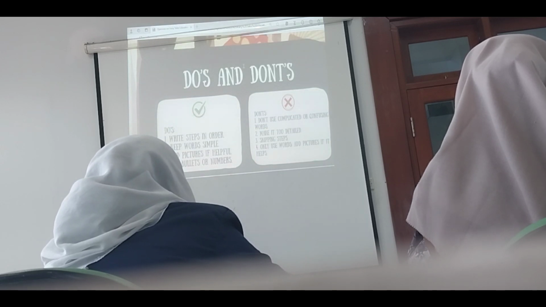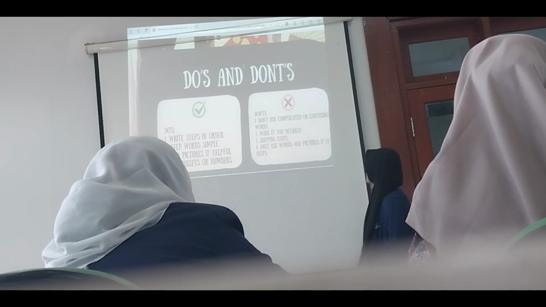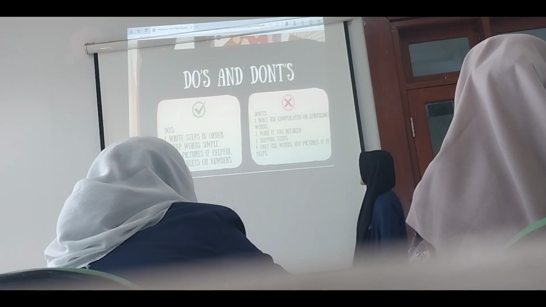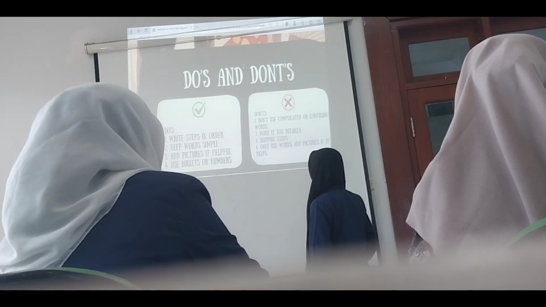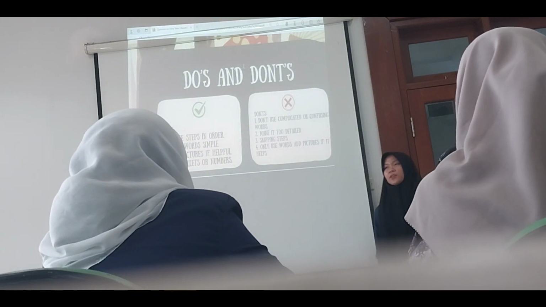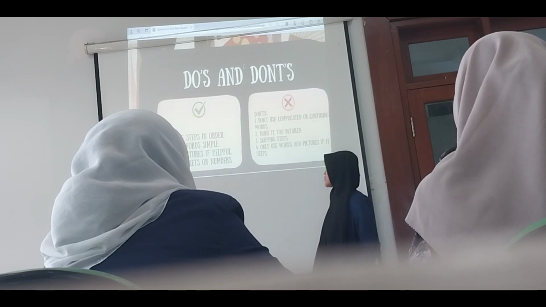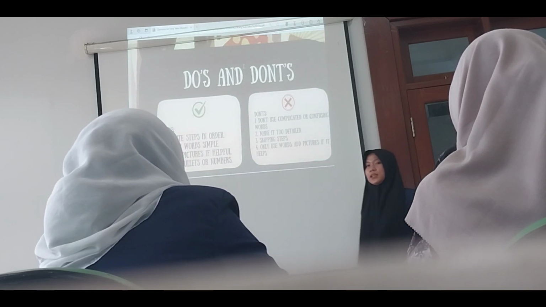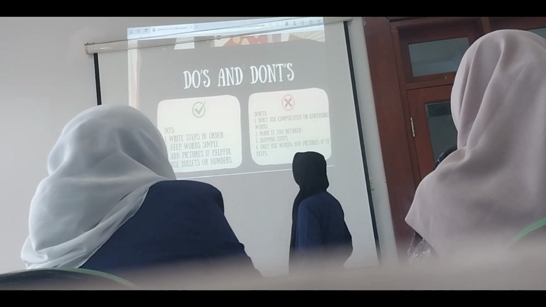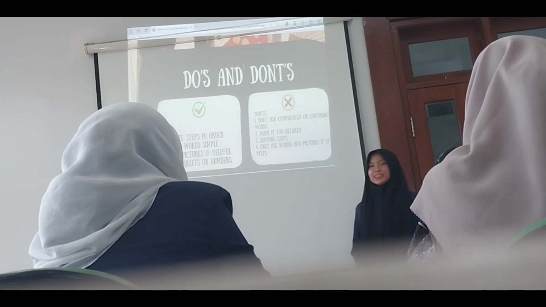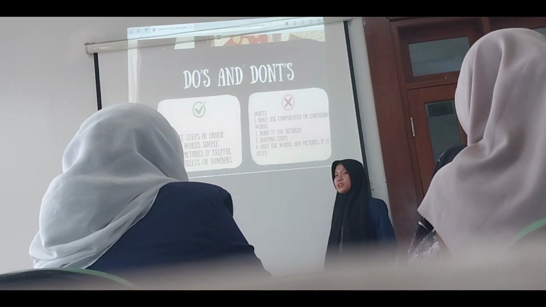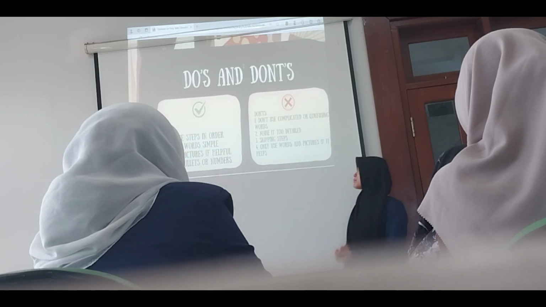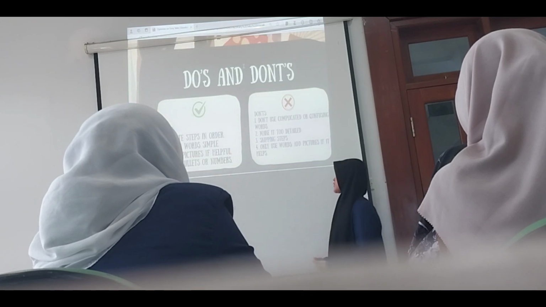And also, don'ts. Number one, don't use complicated or confusing words. Remember to avoid words that are complicated or not easy to understand because we want the reader to get the message easily. Next, don't make it too detailed. Just make it very simple, very quick, and very easy to understand.